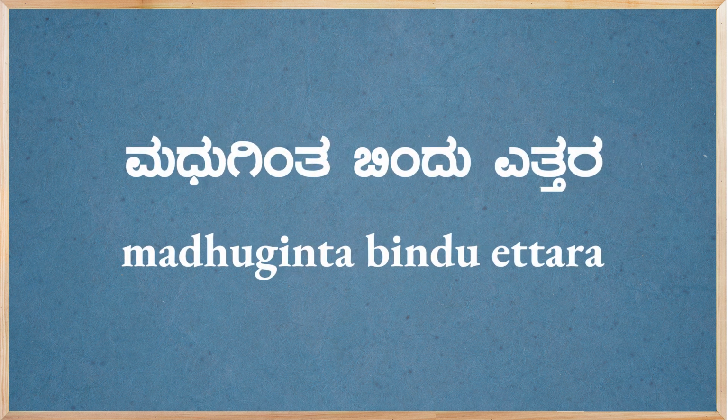We will use comparisons in Kannada to make our concepts even clearer. Let's start with a few examples. If you want to say Bindu is taller than Madhu, how do you say? Madhuginta Bindu yattara.